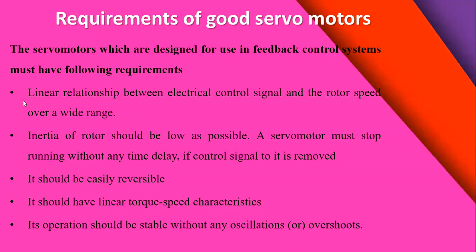The first requirement is a linear relationship. It means the control signal is directly proportional to the rotor speed. However much control signal is applied, that much rotor speed should be given as output. That is called a linear relationship. Linear relation means the parameters are directly proportional.